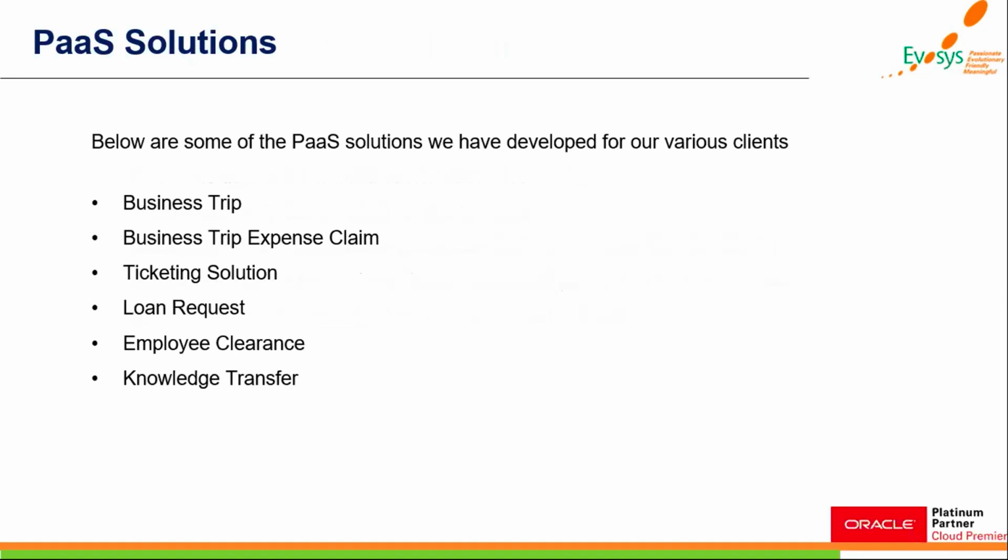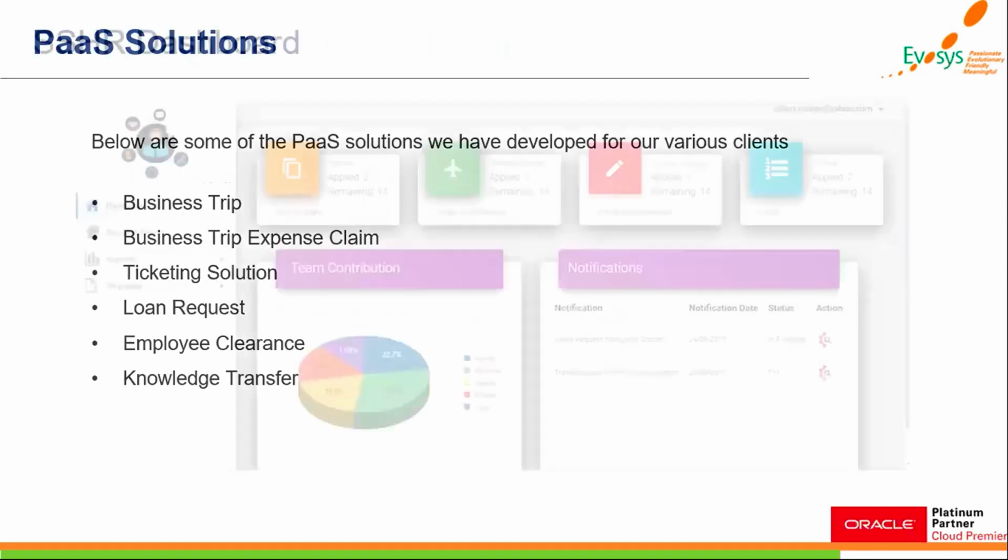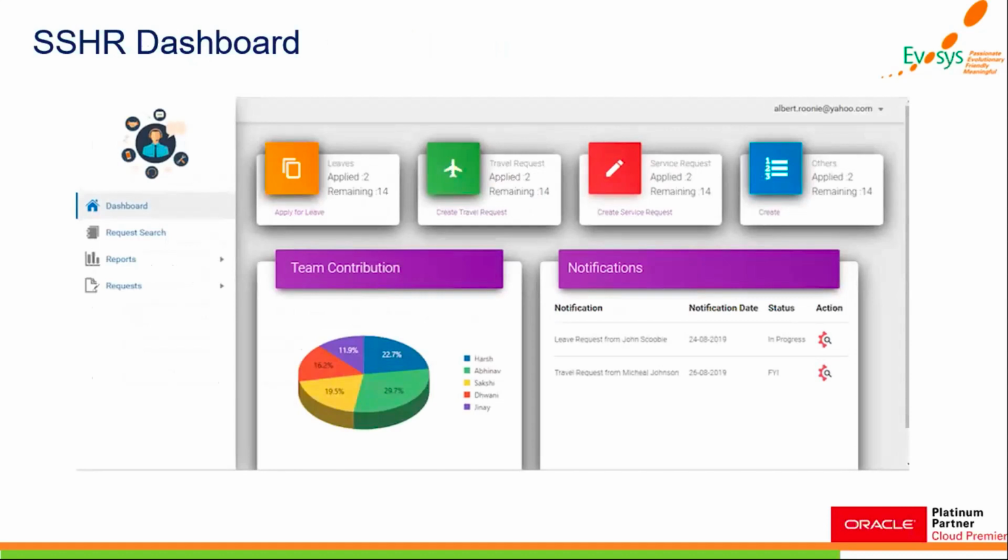Unfortunately, I couldn't run a demo because those are not accessible from here. But I've got a couple of screenshots of the dashboards that we have given to our clients, where everything is built using Oracle Jet. The UI is built using Oracle Jet, and the service layer is using Spring MVC, where we'll be using all REST web services for getting the data and posting the data into our databases.